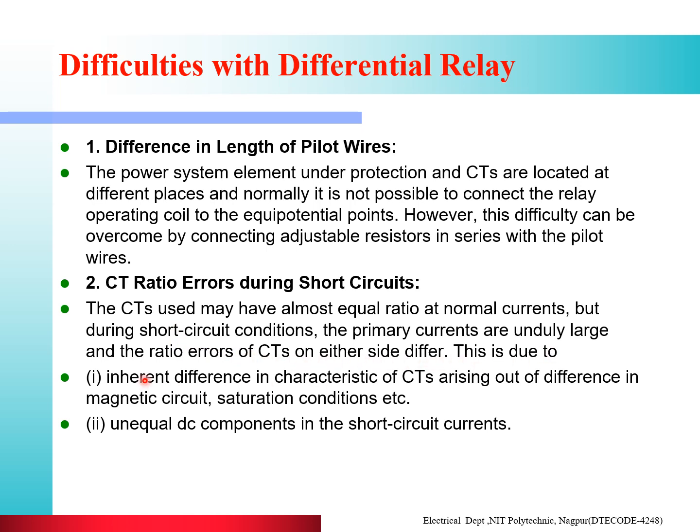This is due to the inherent difference in characteristics of the current transformers arising out of difference in magnetic circuit saturation condition. Third, unequal DC component in the short circuit current.